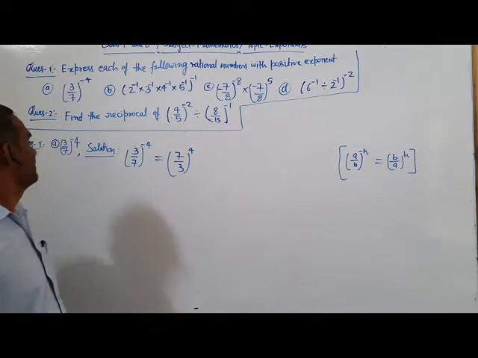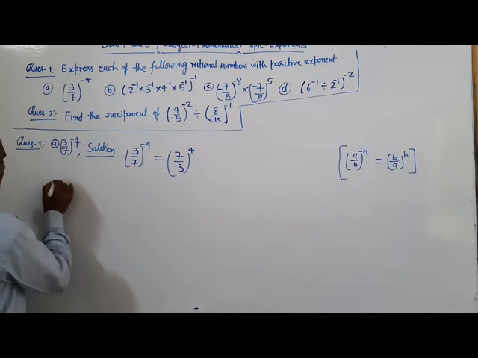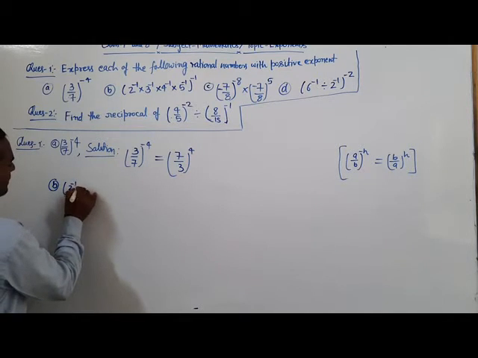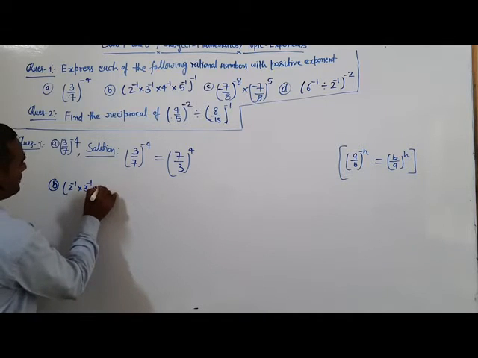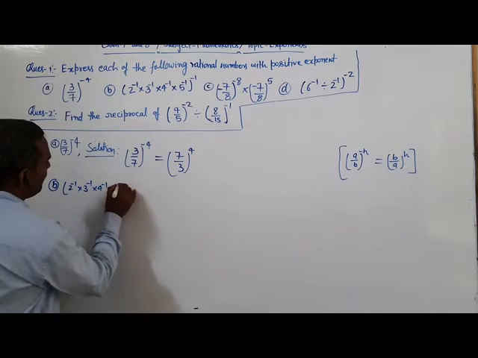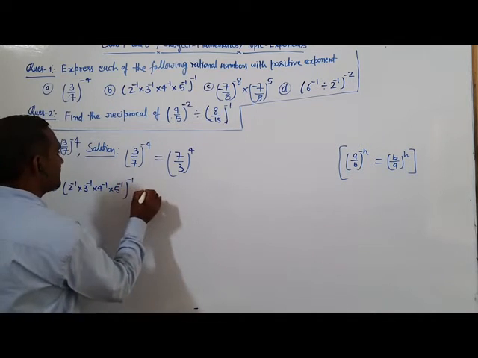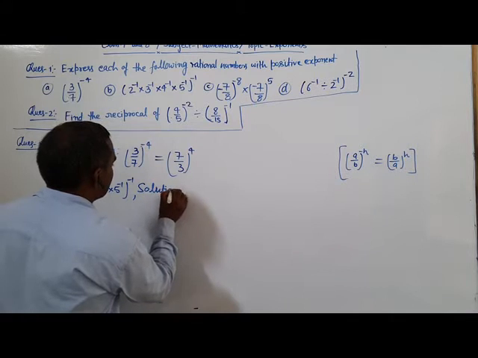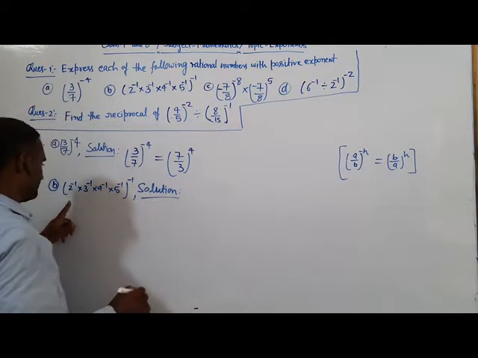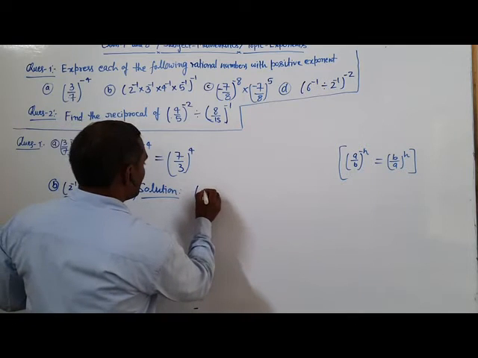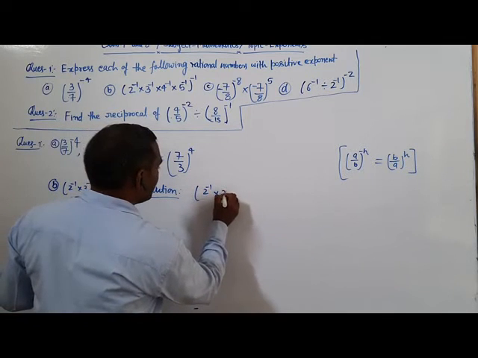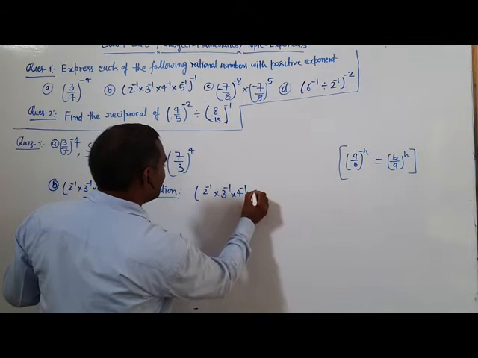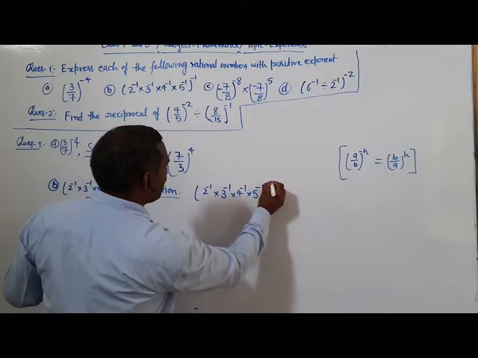Question one, option B is (2^-1 × 3^-1 × 4^-1 × 5^-1)^-1. Solution: (2^-1 × 3^-1 × 4^-1 × 5^-1)^-1.